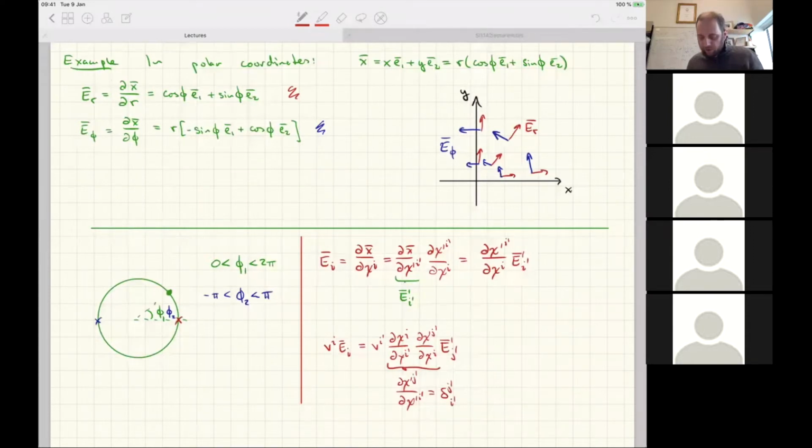So it's 1 if i' is equal to j', which means that this is V'^i' E'_i'. So you see that the expression for the vector v is the same in both coordinate systems. It's the contravariant components multiplied by the tangent vectors, and it was the fact that they transform in the opposite way that made it this way.